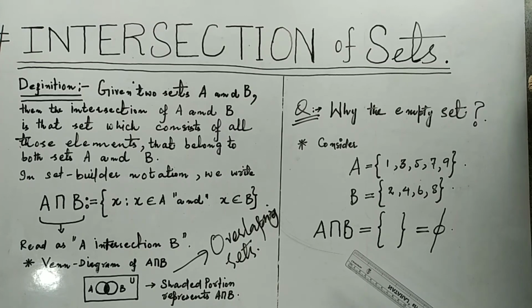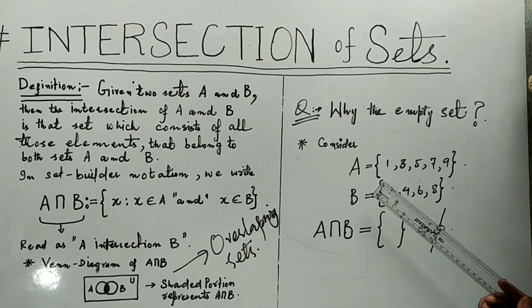Mathematicians called this set the empty set, or the null set, or the void set. This is an example which forces us to accept a set which contains nothing, and we call such a set the empty set.